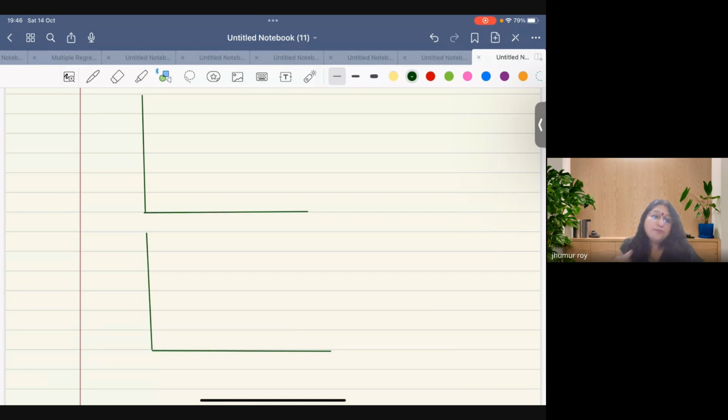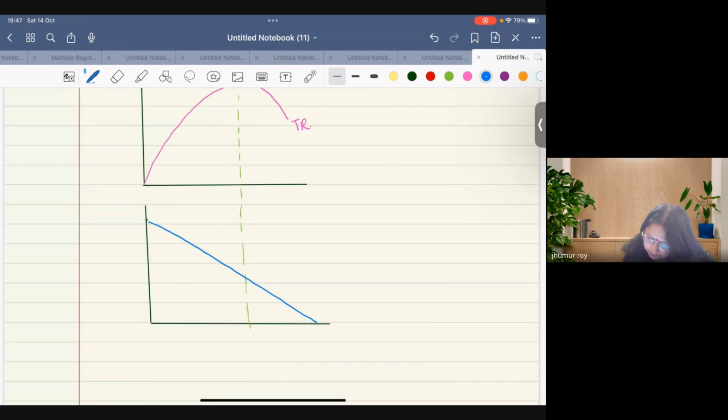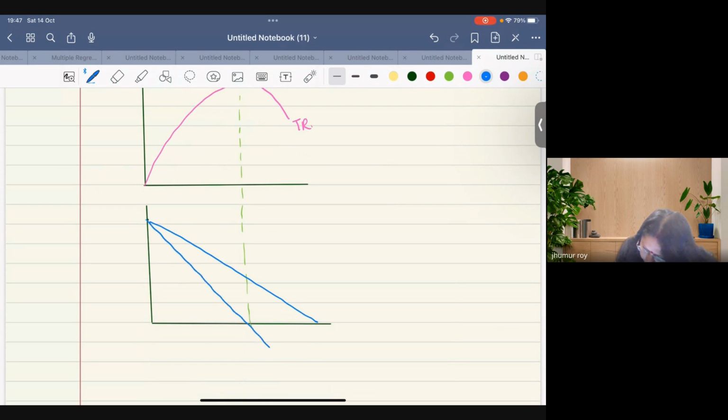Okay, this is your total revenue curve, and from here you draw a connection from its highest point, and on the other one you draw your average revenue curve and your marginal revenue curve.